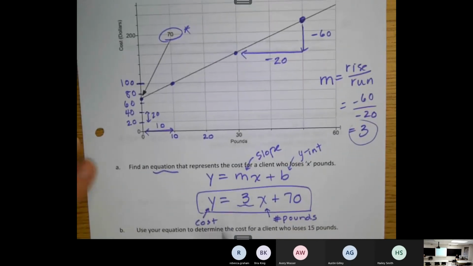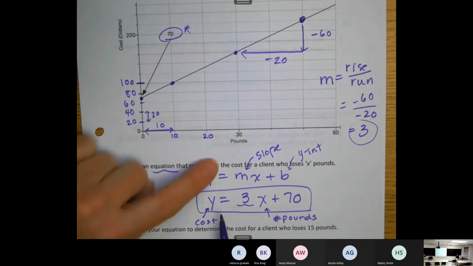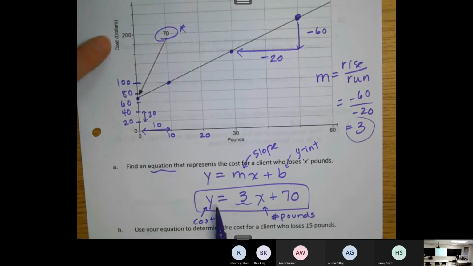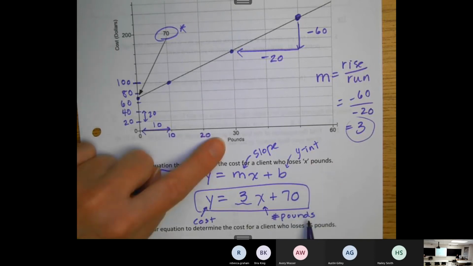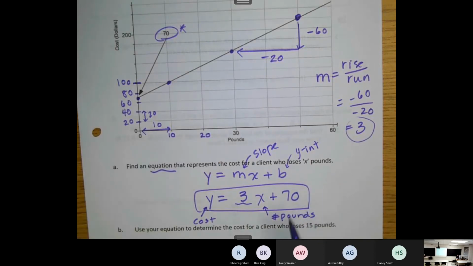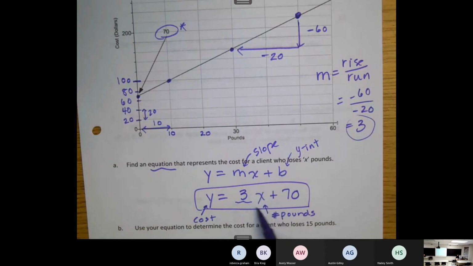So in part B, they're wanting us to use this equation like a formula. The equation, you might recall, represents the cost, because Y stands for cost, of a client who loses X pounds, so X is the number of pounds. In other words, if I know a number of pounds, I can plug it in here, multiply by 3, and then add on 70 to see how much that would cost.